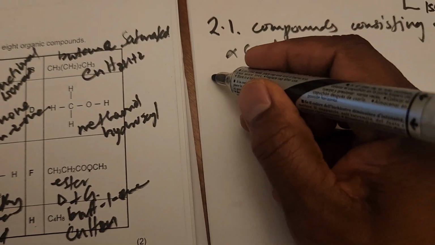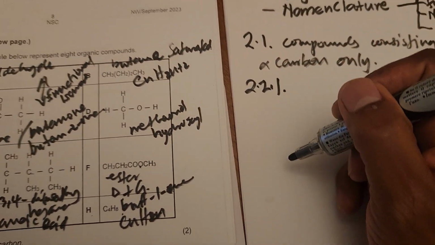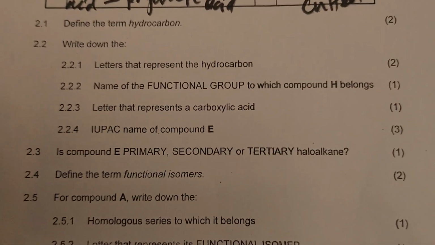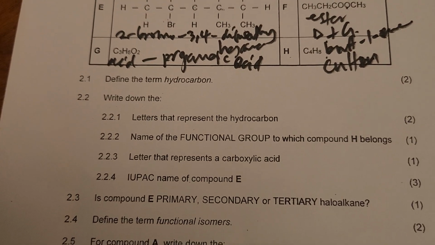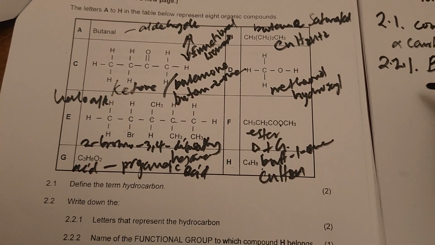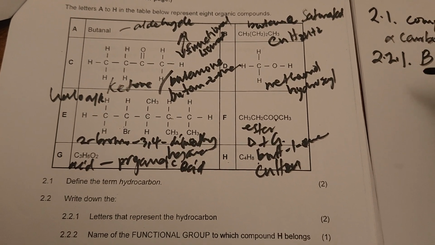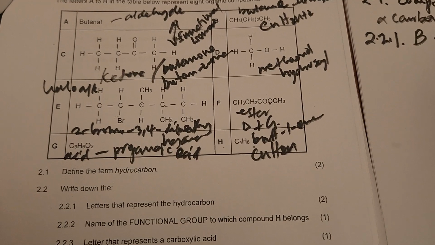And then 2.2.1, we are having another question. They say to us, write down the letter that represents a hydrocarbon. We already know that is B, and H as well, B and H.